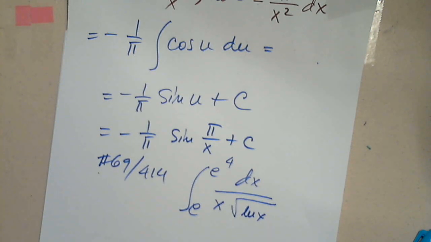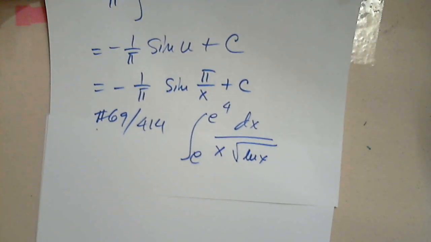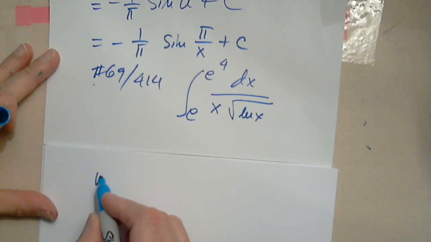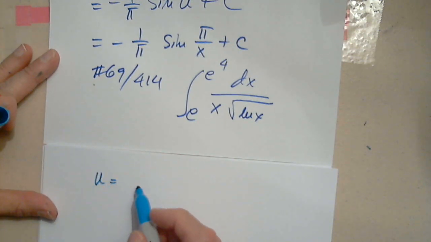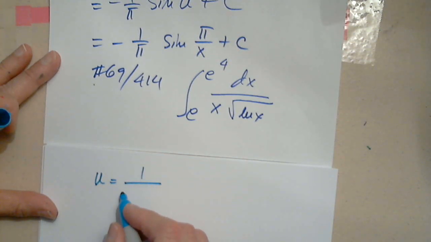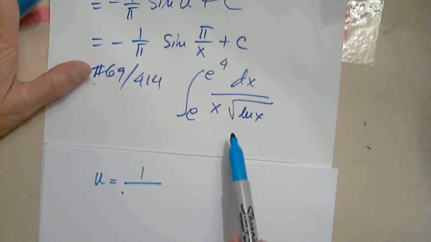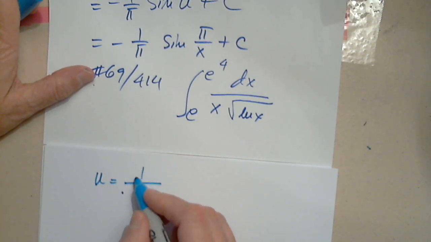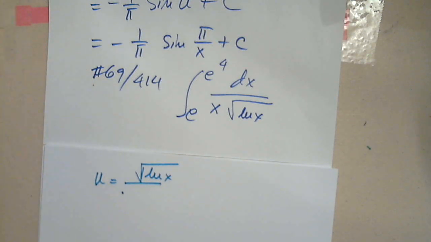Again, what I don't like is this natural log inside the square root. And I'm going to test two things here. I'm going to test whether u equals 1 over the square root. If I use 1 over the square root, that's going to be a little bit difficult. So I'm going to just say the square root of natural log x. Let's see what happens.